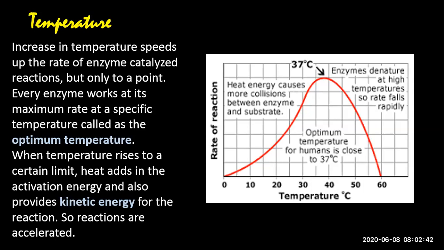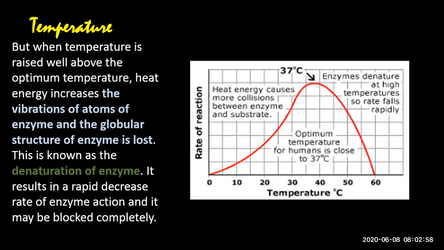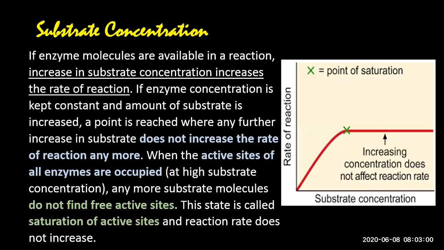But in the human body, you know that our temperature does not rise too much beyond 37 centigrade. Otherwise, we are going to die. So in our body, our enzymes are working best at 37 centigrade. So this is all about temperature.